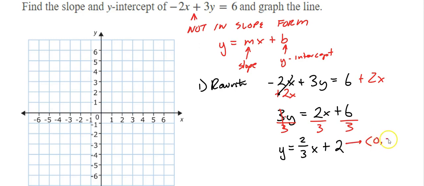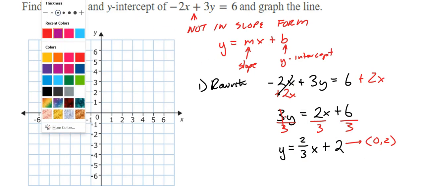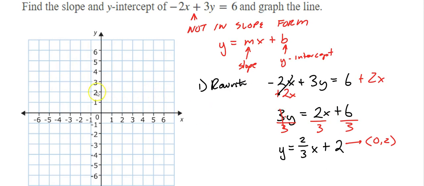Now remember, this 2 right here is our y-intercept, which basically means its coordinate point is 0, 2. This is our slope. So we can start from this point here and graph it. Let's find that really nice purple I liked earlier. So 0, 2 is going to be right here. This is positive, which means it's going to go up and to the right. So we go up 2, and then to the right 3.